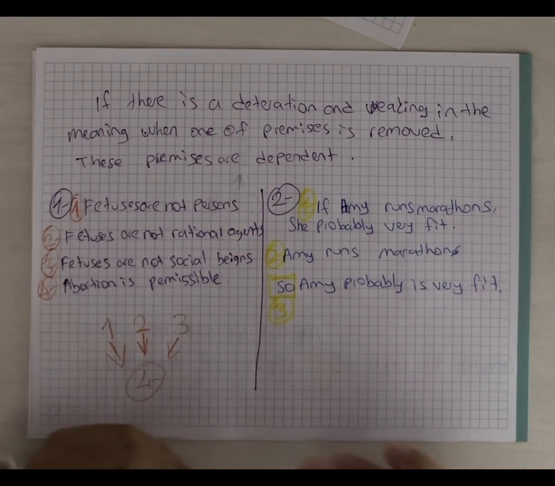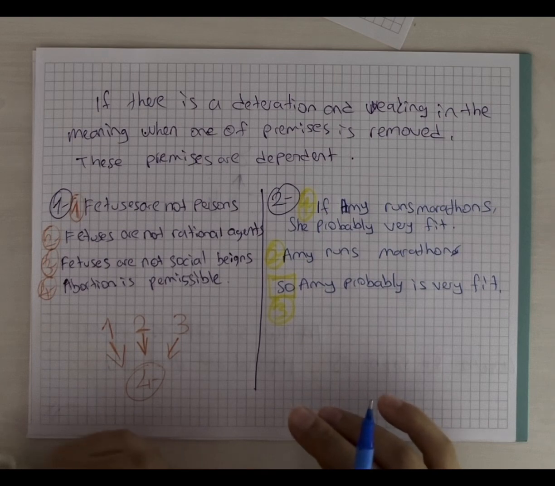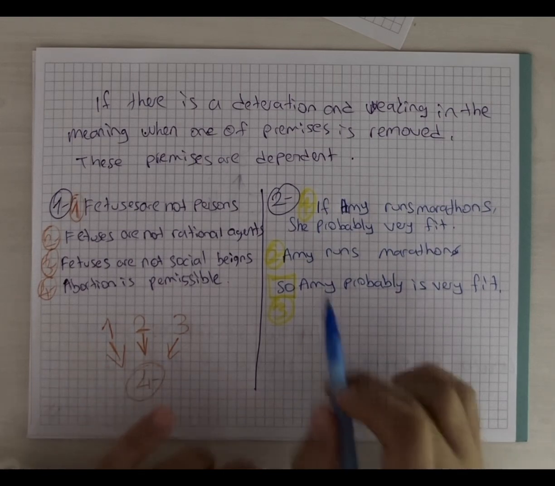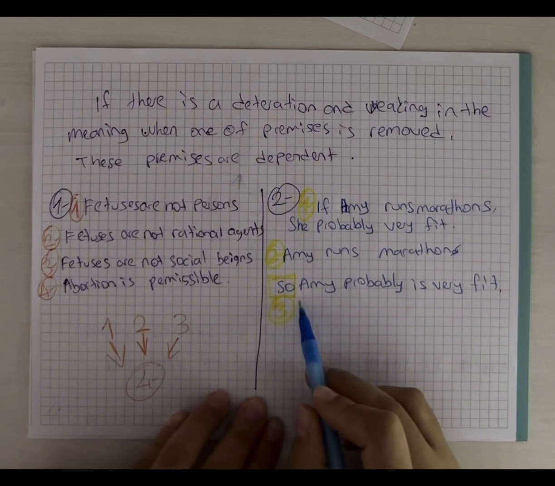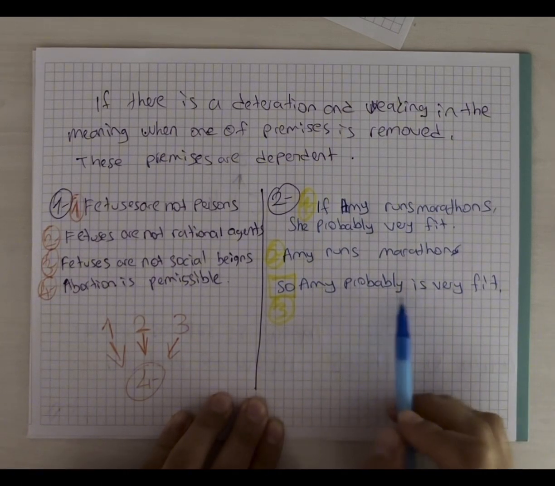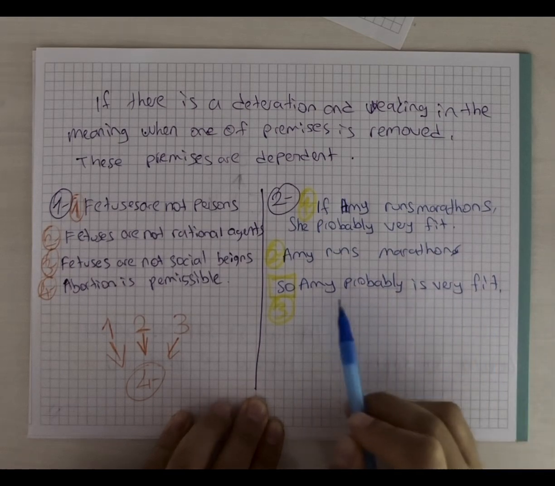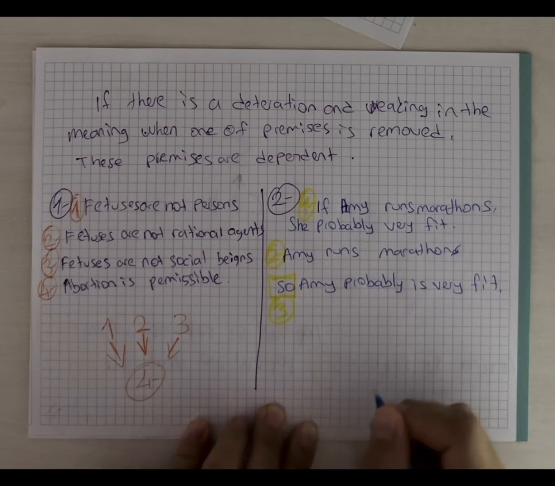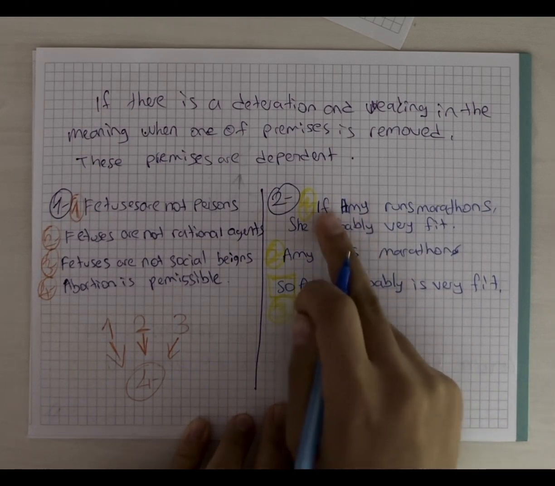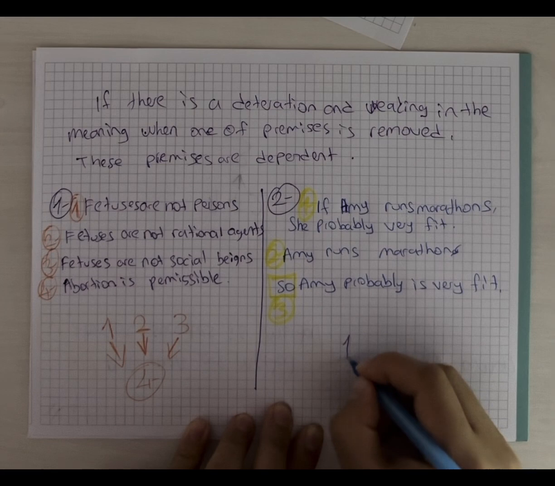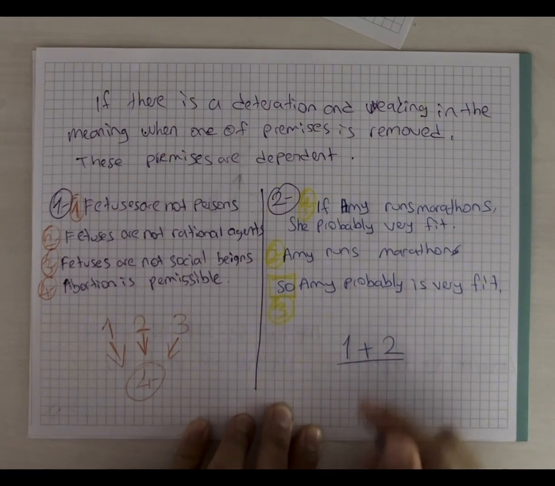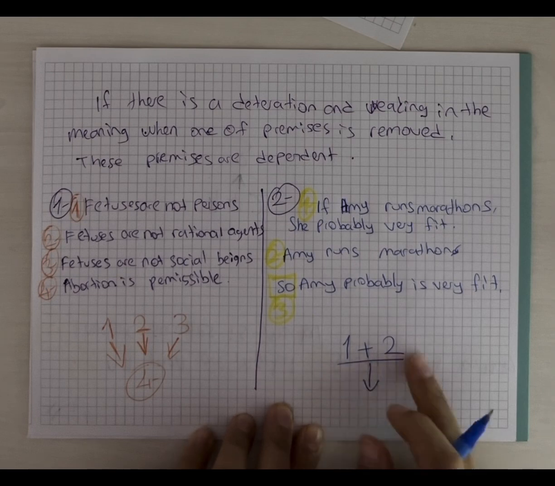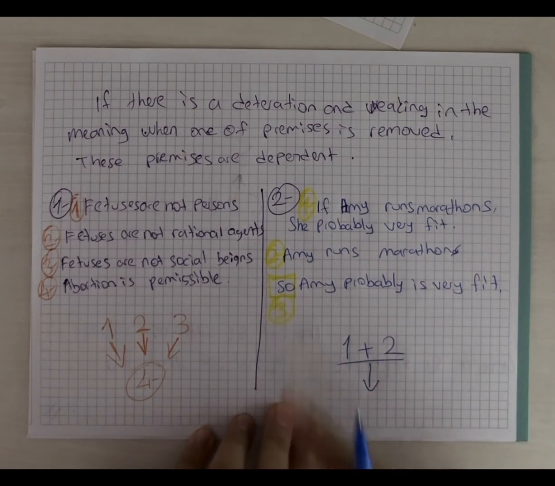As you can see, there is a deterioration, because if you give only this premise, we cannot know Amy is very fit. So we can show this diagramming type like that. The first and second premises are linked, and these premises cooperatively support the conclusion. That's it.